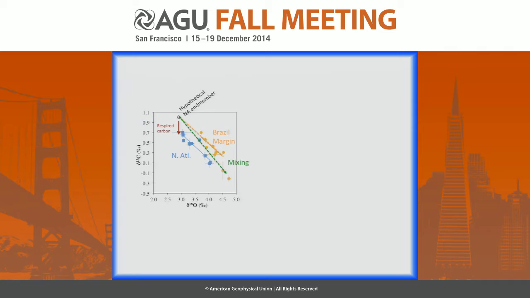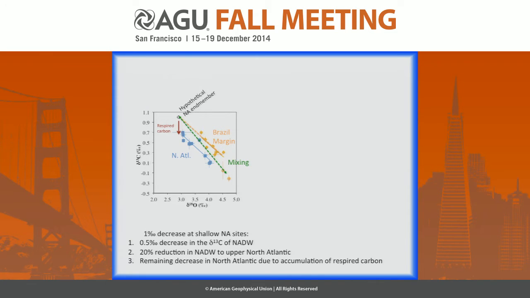We suggest that if North Atlantic deep water reached the Brazil margin, then this difference from a hypothetical end member would be due to respired carbon. We can make these data consistent with the Delta C13 data as well, because we attribute the offset in the North Atlantic to respired carbon.